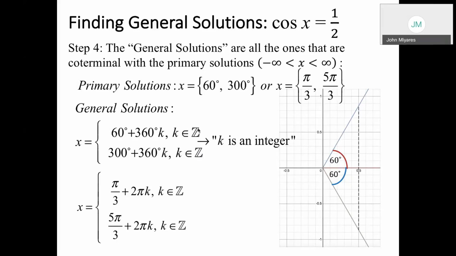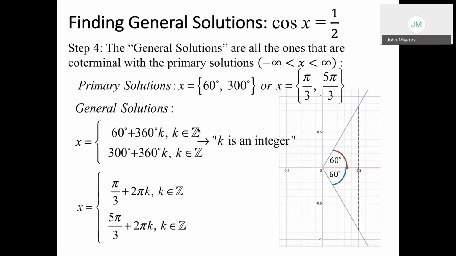Cosine of theta is positive in quadrants 1 and 4, so we needed to figure out what it meant to be a 60-degree angle in quadrant 1 and a 60-degree angle in quadrant 4. We drew the reference triangles in these quadrants and figured out that their measures were going to be 60 degrees or 300 degrees. Those are the primary solutions.